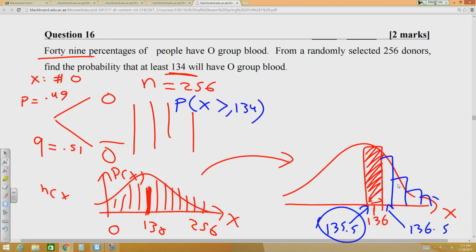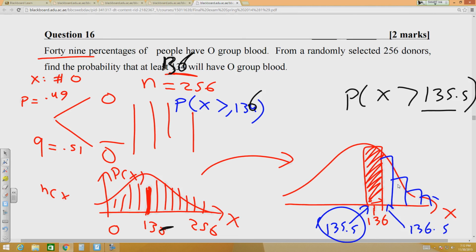But if you convert this to normal distribution, it's actually x greater than 135.5. Sorry, I made a mistake. This is 136, just for simplicity. So instead of bigger than or equal to 136, it becomes more than 135.5. We start using the boundaries here.